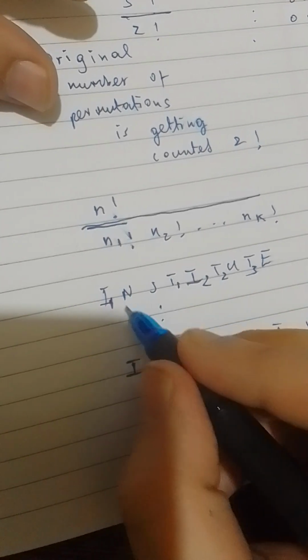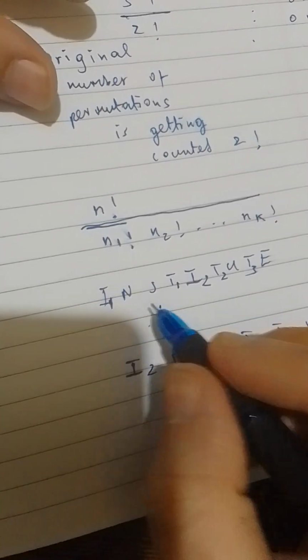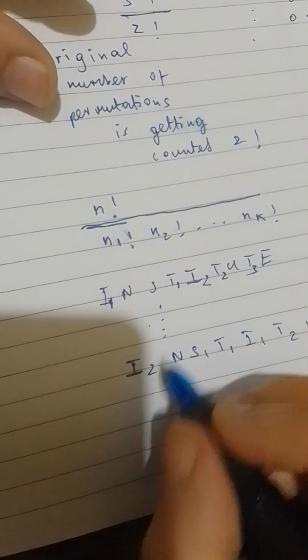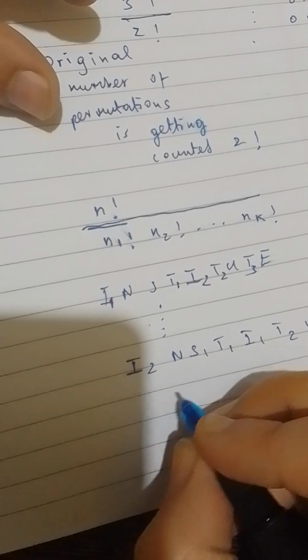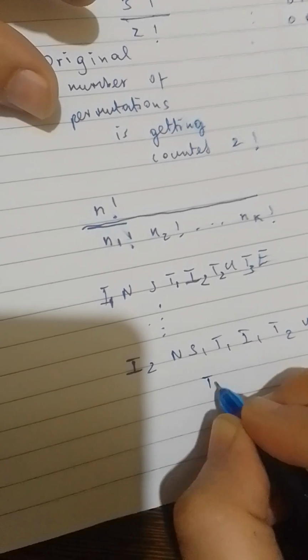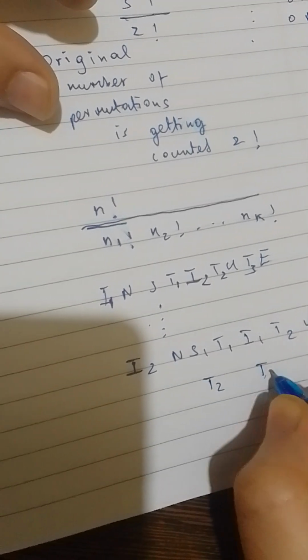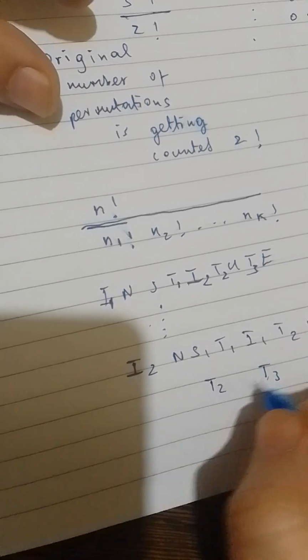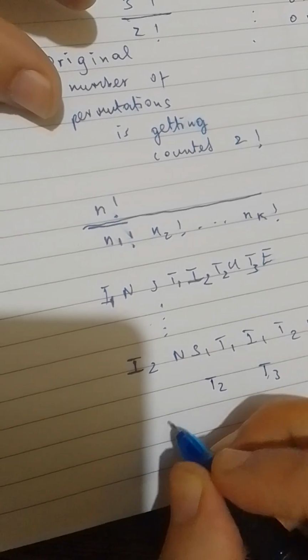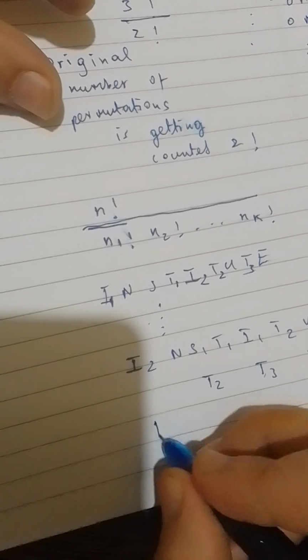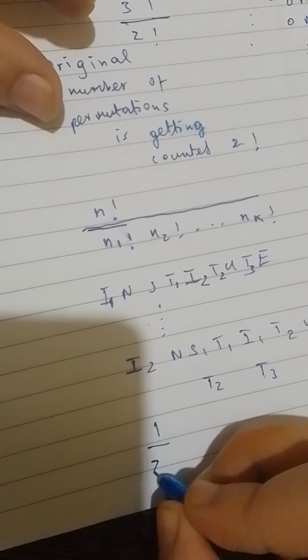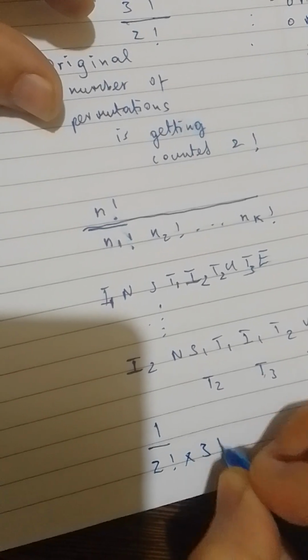So this same thing gets counted twice, and also for this same thing I could have the T's arranged in a different way. So I could have T2 here and T3 here, T1 here, and these can be captured by dividing by 2 factorial into 3 factorial.